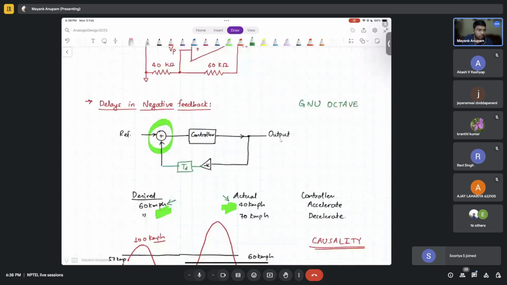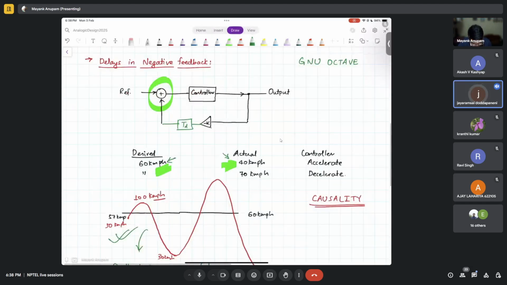Yeah, go ahead. Previously, basically, you are saying if the difference between reference and the feedback is more, the loop should react fast, and if the difference is less, the loop should react slow. That's what you are trying to say, right? No, I'm not trying to say that. That is the working of any loop.